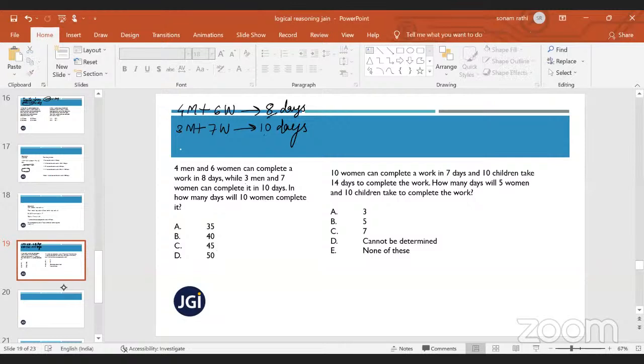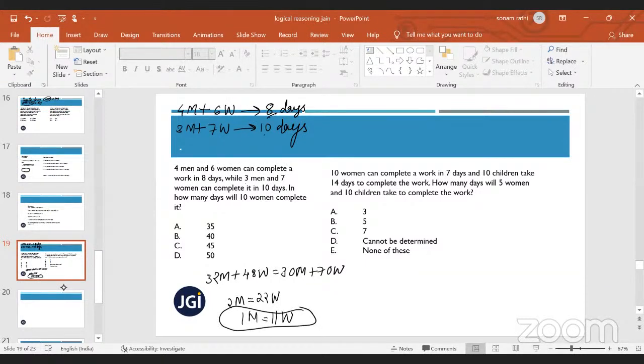So this will become 32 men plus 48 women equals 1 day equals 30 men plus 70 women equals 1. So 2 men is equal to 70 minus 48, which is 22. 1 man is equal to 11 women.